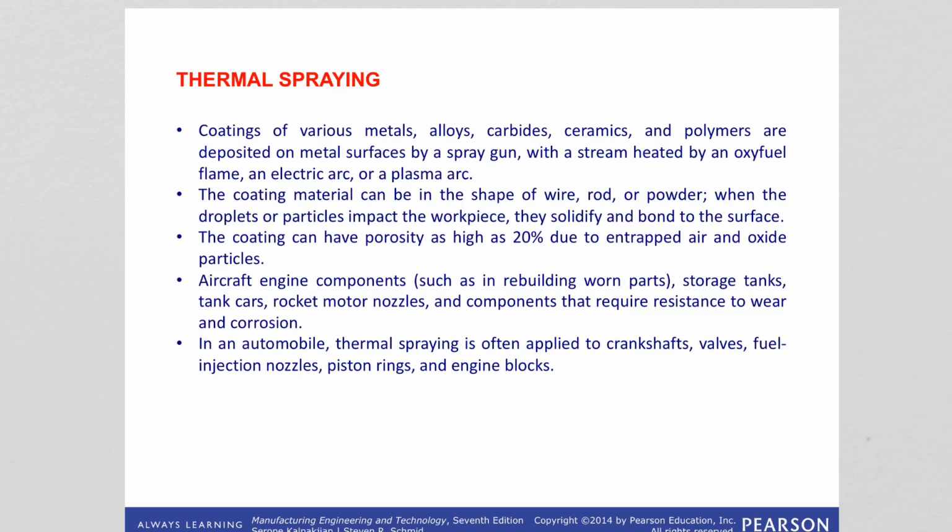Temperatures can range from 3000 degrees C to 8000 degrees C. This sprayed coating is hard and wear resistant, but this is a spraying procedure, right? So there will be air trapped or oxide particles trapped. So this coating layer actually has a porosity as high as 20%.